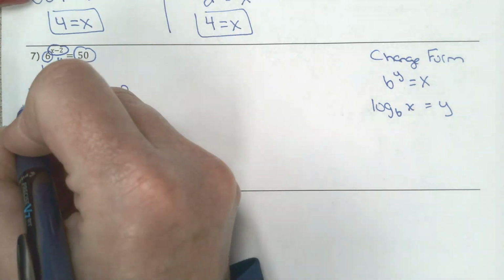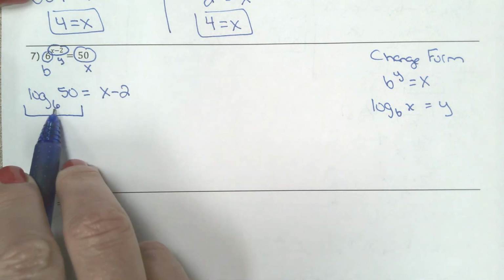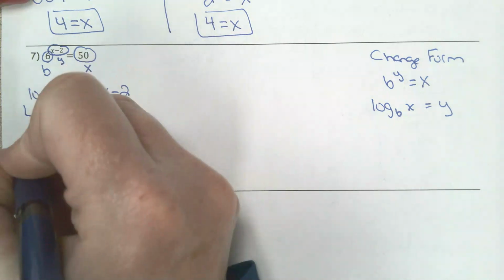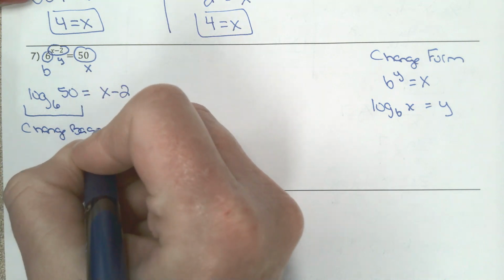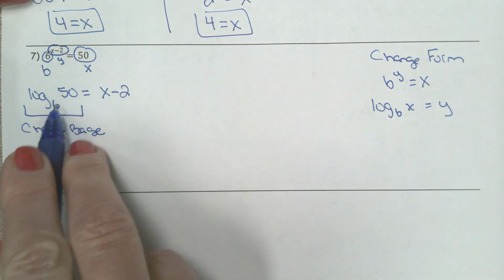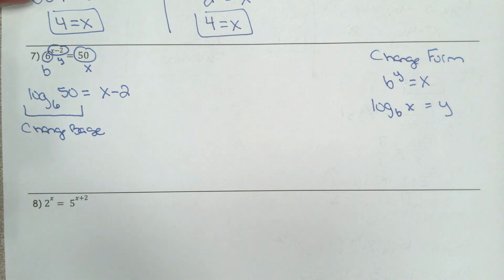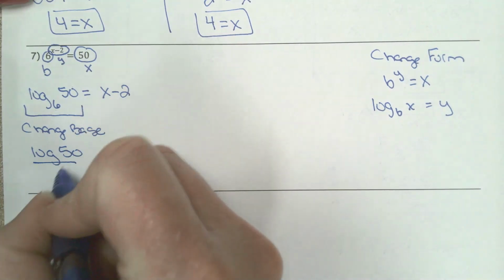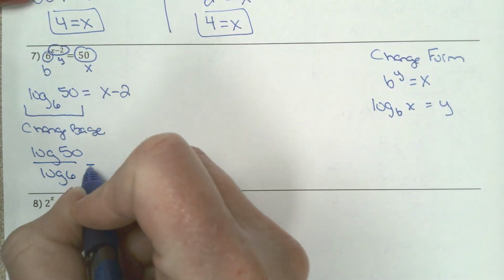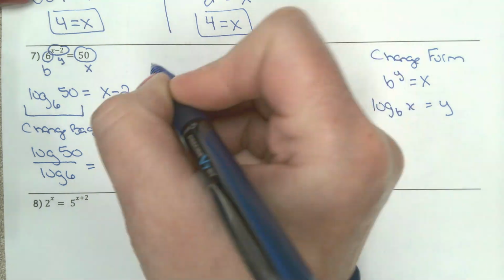I did that because when I have a number here and a number here, you can use your change of base formula to solve and figure out what this is as a number, probably rounded to 4 digits. So I have log 50 divided by log 6 equals x minus 2.